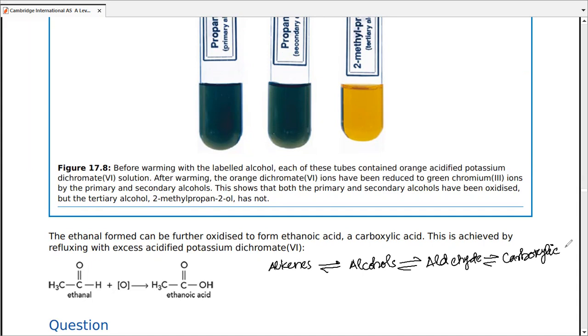So the detail for what I'm just writing is given right over here. If we have excess of acidified potassium dichromate 6 and we are refluxing it, we'll definitely not stop at ethanal. The ethanol would be converted into ethanal and the ethanal would be converted into ethanoic acid.